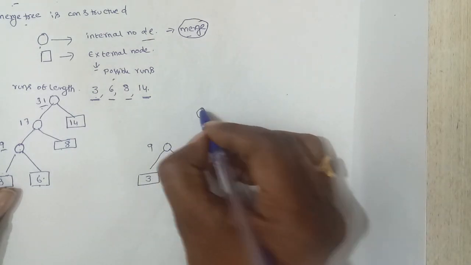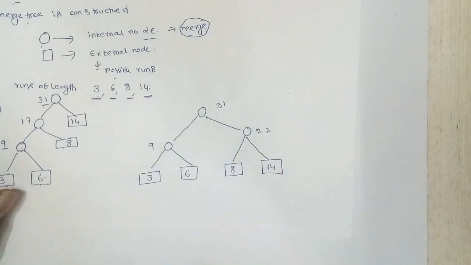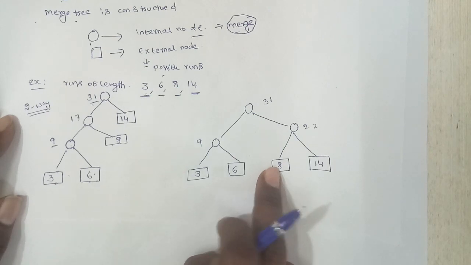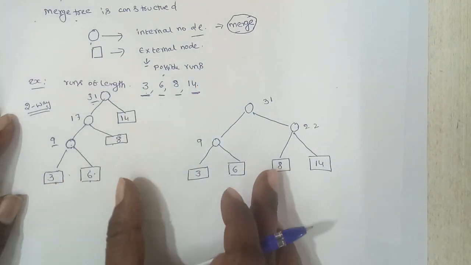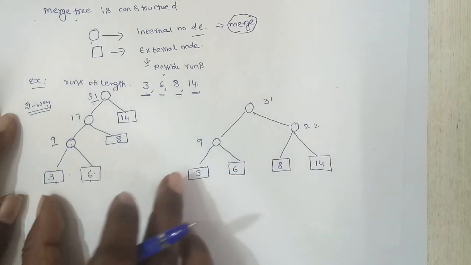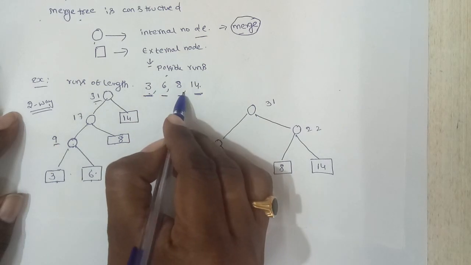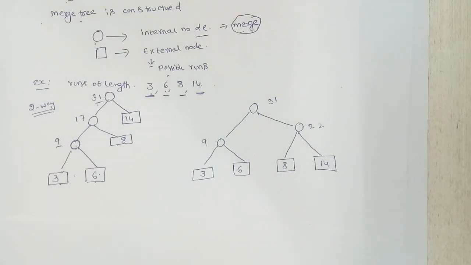Now perform the merge between these two, so total 31. So this is a merge tree and the earlier one is also a merge tree. For the given set of runs of different lengths, we can form any number of trees. For example, merge 3 and 8, then 6, and then 14. We can form different combinations.